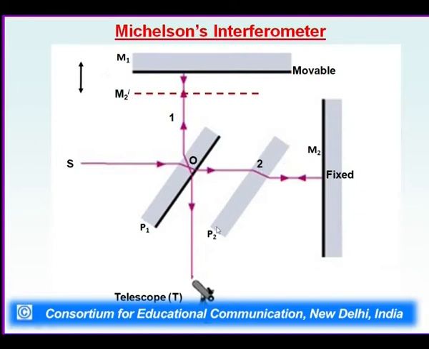By introducing this plate P2, we get the light in phase, the path of ray 2 will be equal to the path of ray 1, and these two rays will be in phase. Then we get coherent light, which we can observe in the telescope.